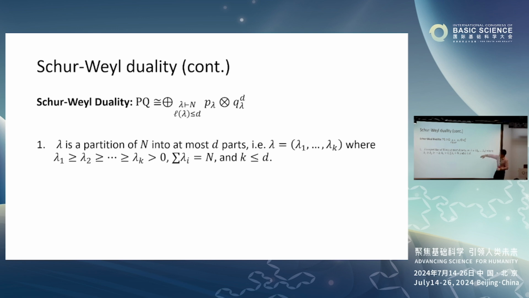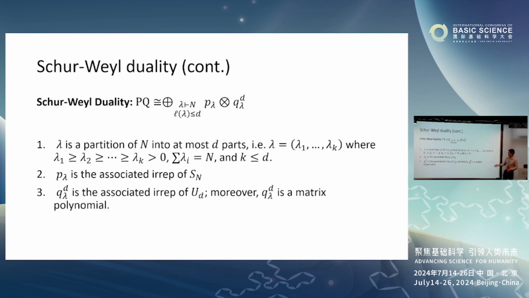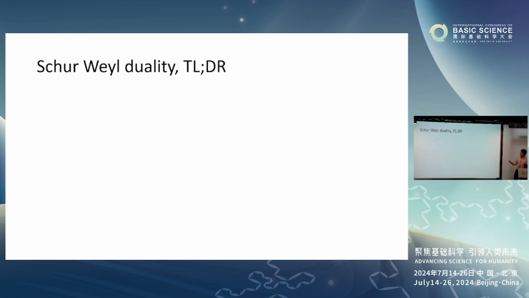This is how you index into this direct sum. I'm not really going to tell you what P and Q are. P is the Specht module, and Q is some matrix polynomial. If you didn't really understand this, it doesn't really matter.